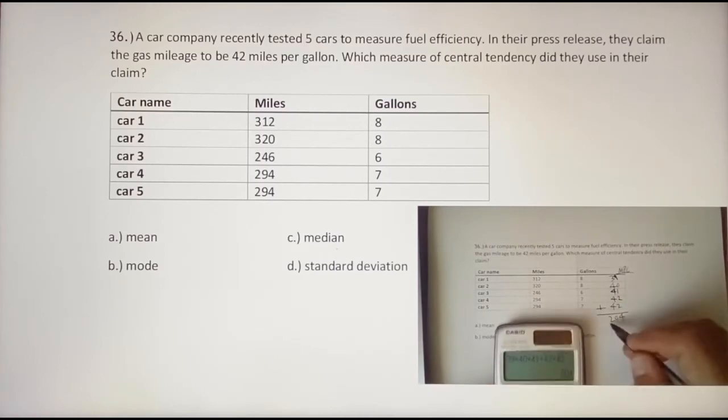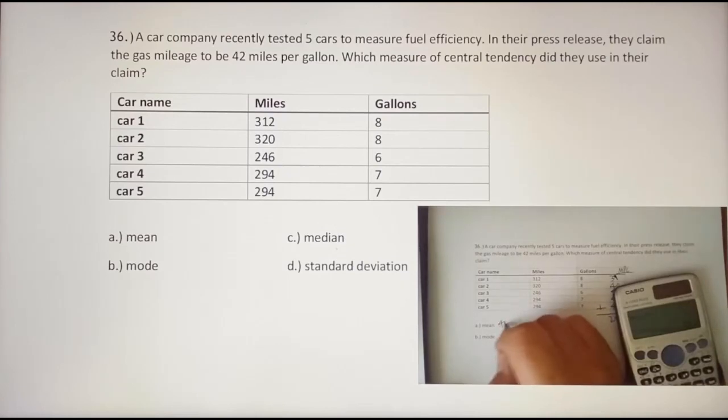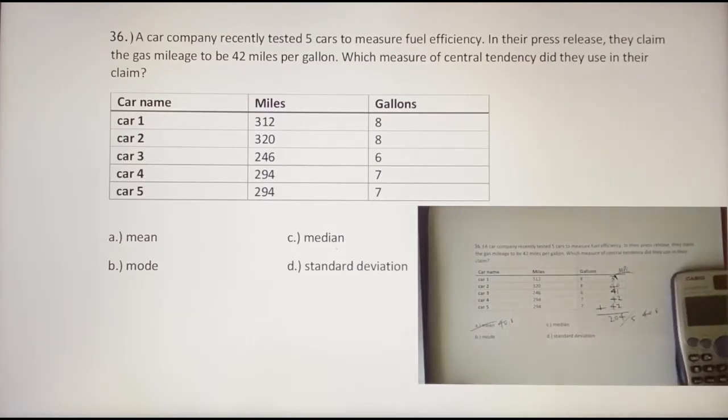To find the average, we take the total and divide by the number. So divide by 5, and that gives us 40.8. So 40.8 is the mean, which is not going to be 42 miles per gallon.